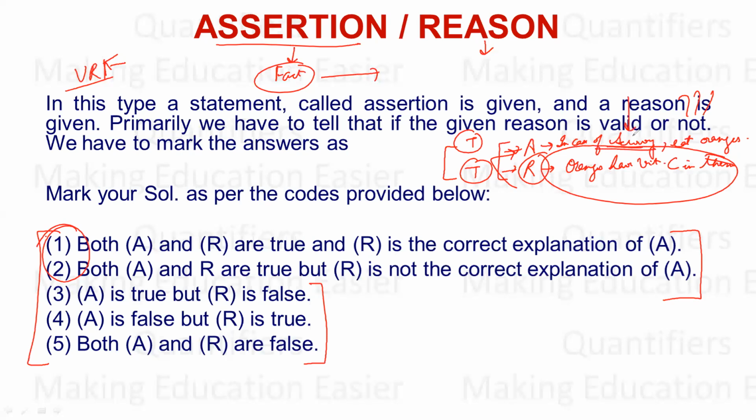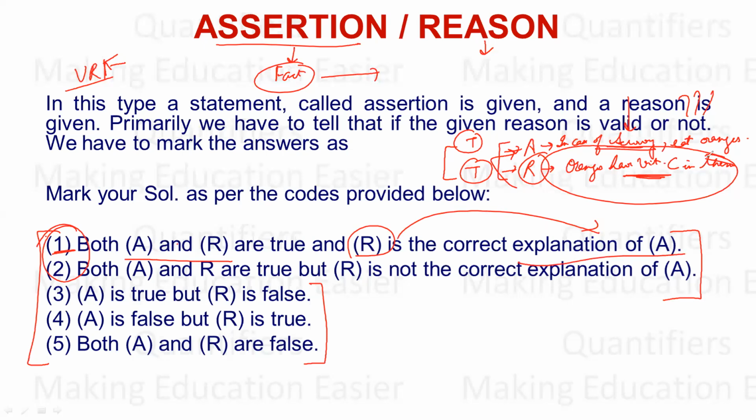Scurvy is actually a deficiency of vitamin C. Oranges have vitamin C in them, so if you have a deficiency of vitamin C, what needs to be done is to eat something that has vitamin C in it, right? So the correct answer in this case is both A and R are true, and R is the correct explanation of A, because oranges have vitamin C in them.